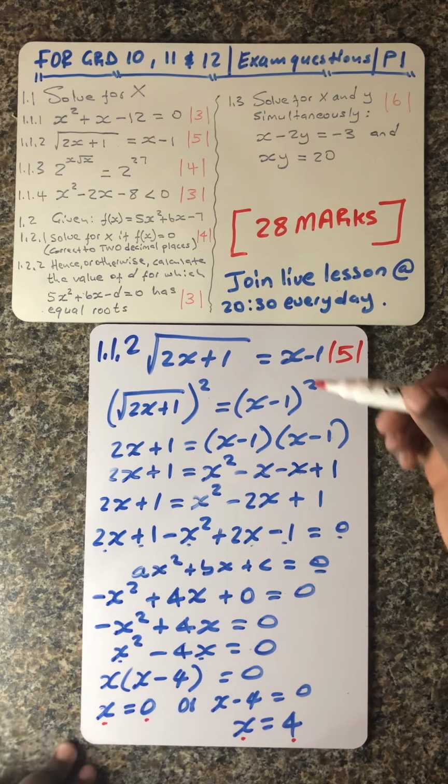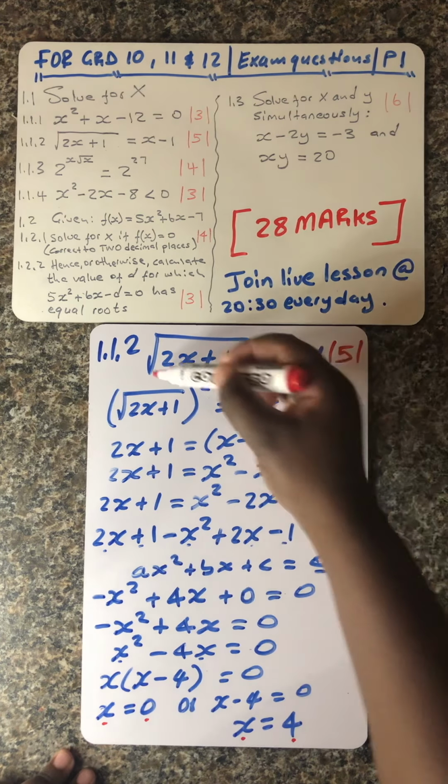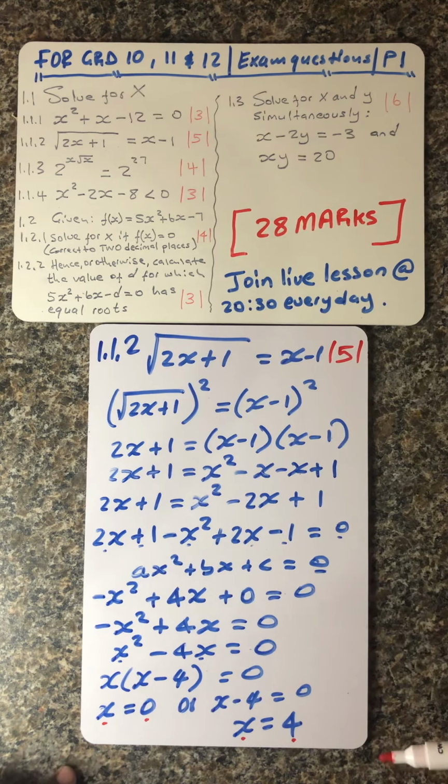So in most cases, when you have this kind of equation with a square root, you might find that one of these two values is correct and the other one might not be applicable.